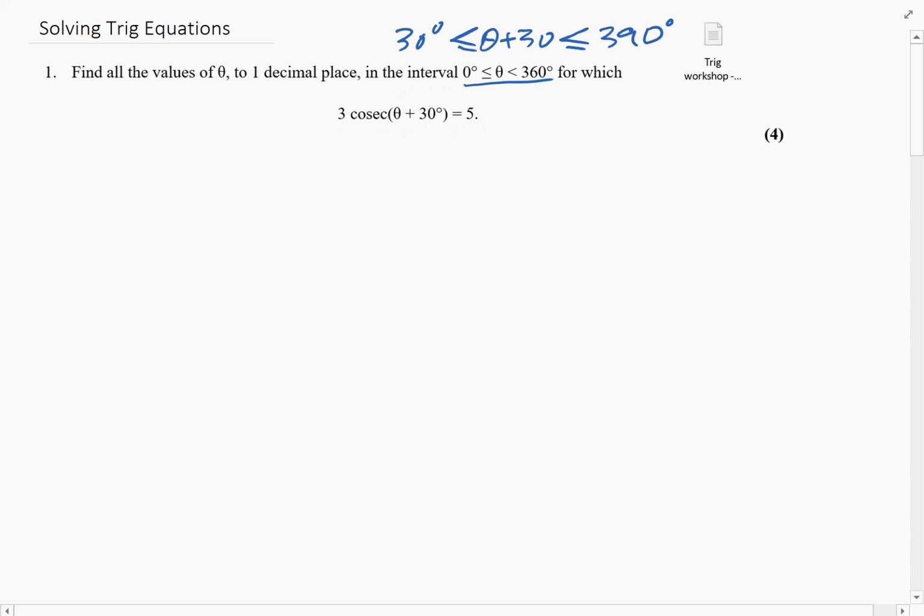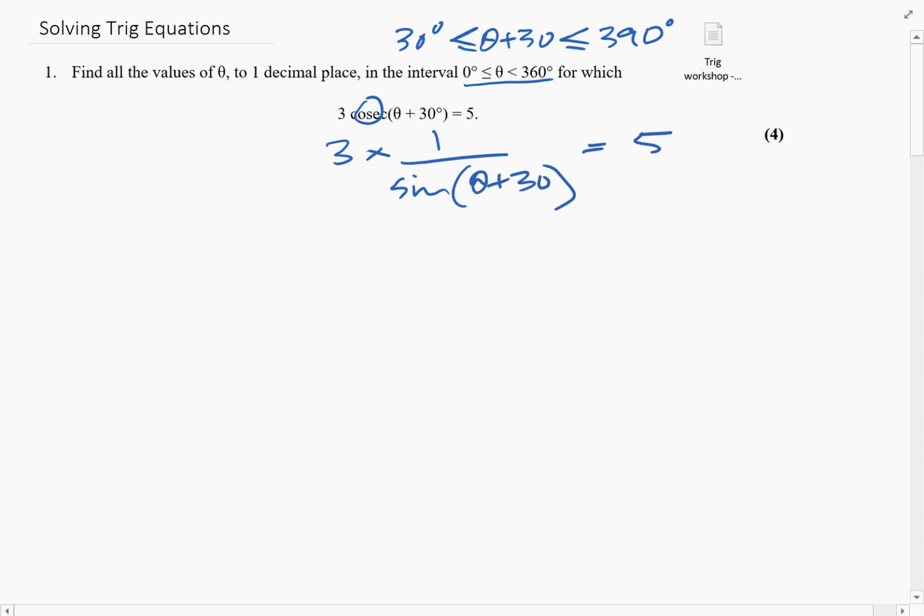The next thing I do is probably remember that the third letter of cosec is S. So that means cosec is 1 over sine. So I change cosec to 1 over sine, and then I've still got in this bracket theta plus 30, and it still equals 5.